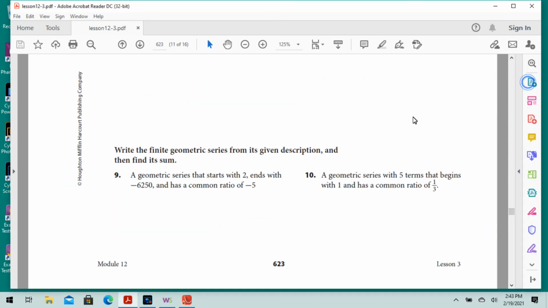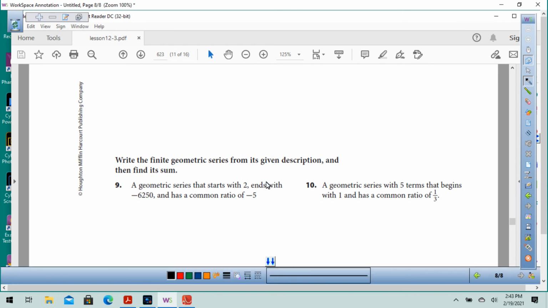Number 9, it says geometric series starts with 2 and ends with negative 6,250 and has a common ratio of negative 5. Well, that gave you what a is, and what r is. So you need to figure out what n is. Let's try that.